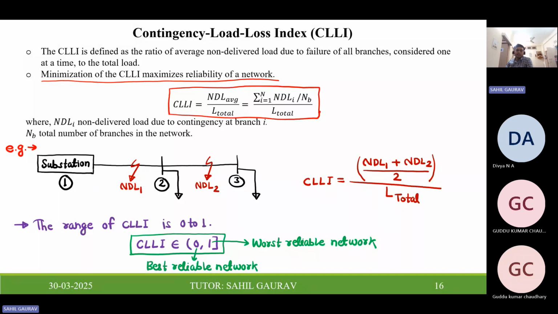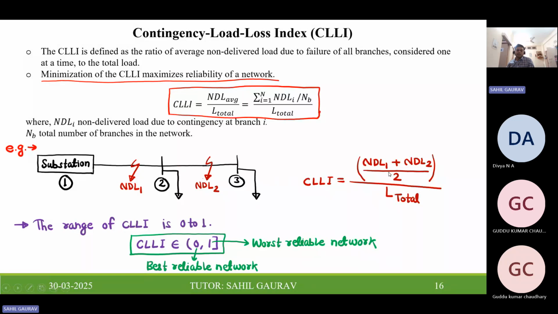Let us take the contingency happening at the branch between the slack node and node 2. Then the load is interrupted, and we call it NDL1. Now suppose the contingency happens at the branch connected between node 2 and node 3, then we call it NDL2.